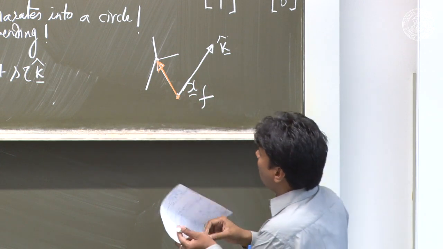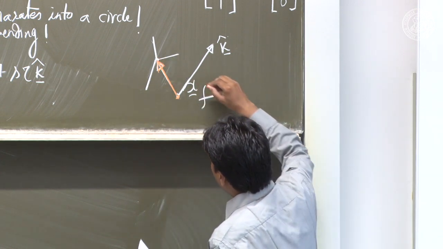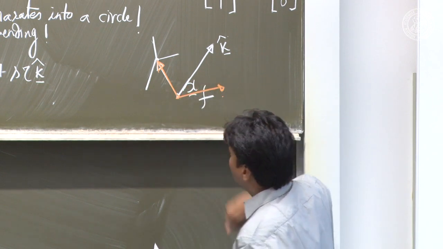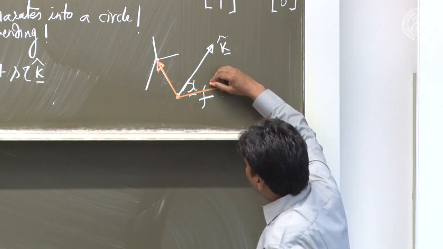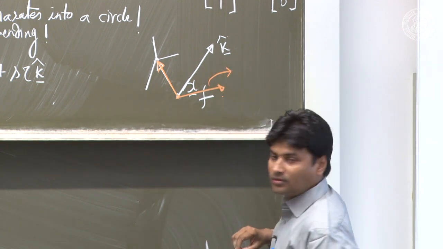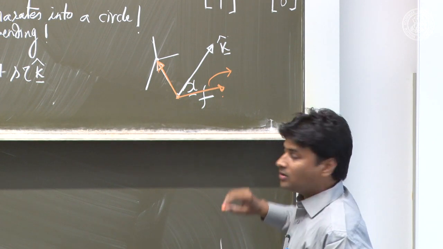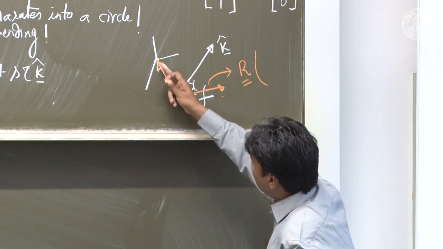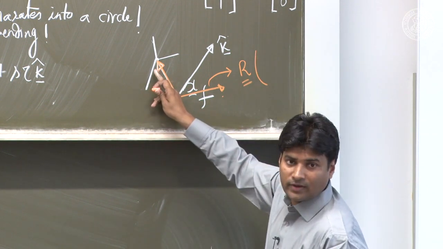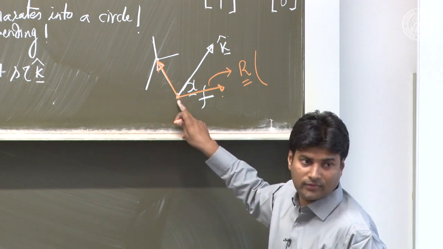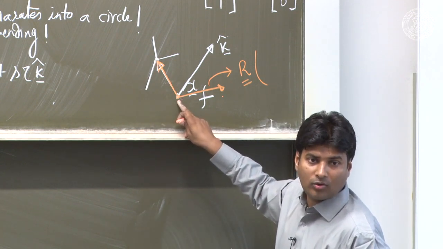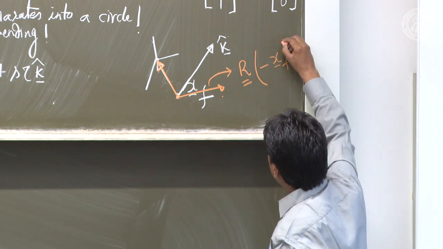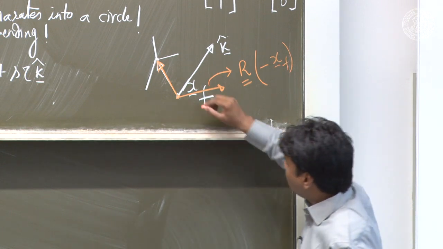So the final position would be what? Maybe this vector rotates and let us say it comes somewhere over here. So this vector after rotation would be that rotation matrix times this vector, but you see this vector is 0 minus little x of f, because it is rotating about little x of f. So it is minus little x of f. So that is this vector.